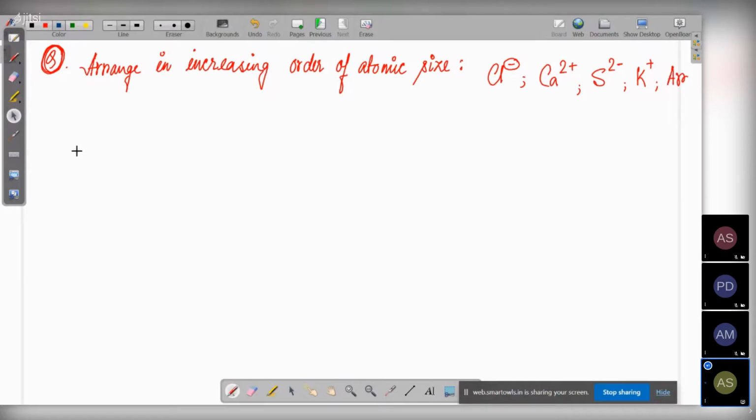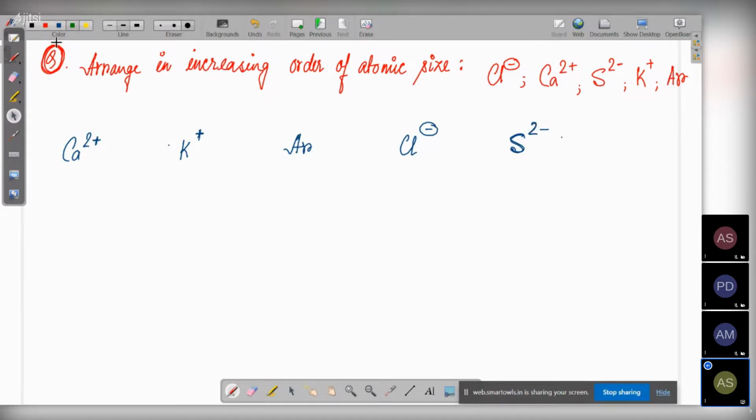Ca2 plus, then K plus, then argon, then Cl minus, and then S2 minus.